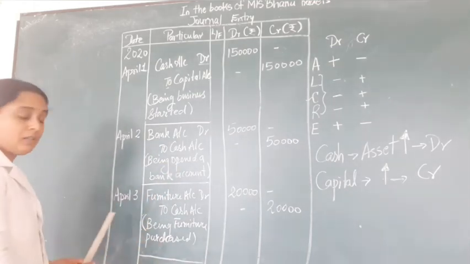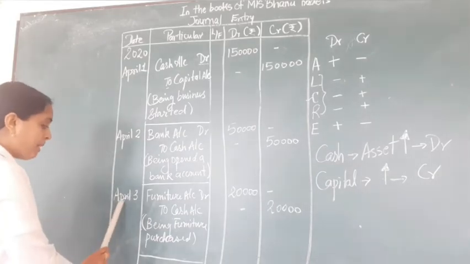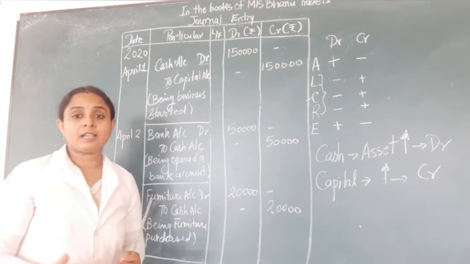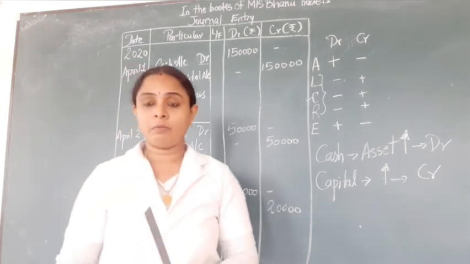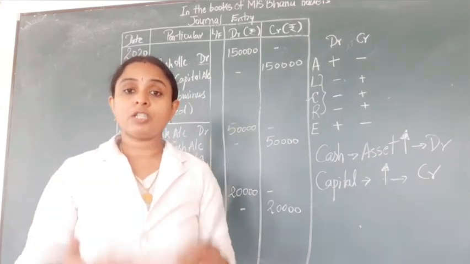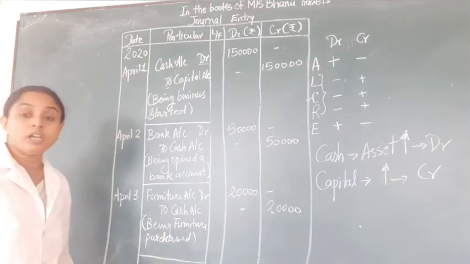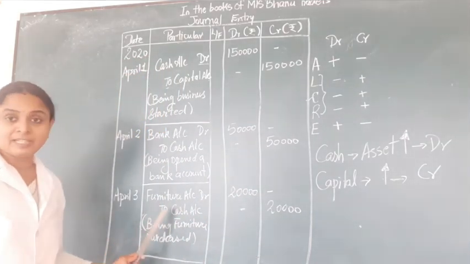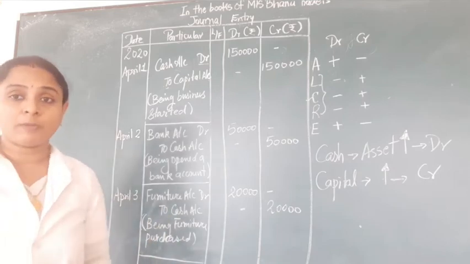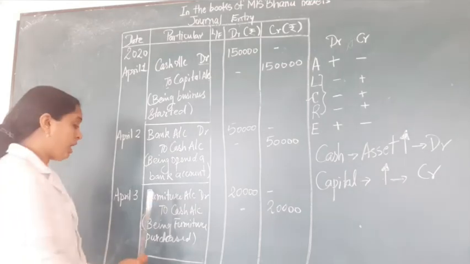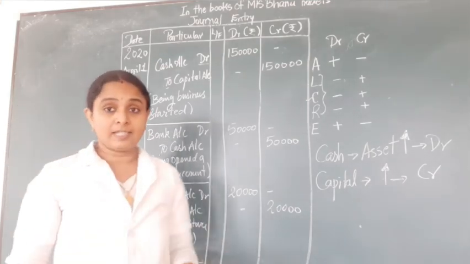Then the third transaction is on April 3rd. Furniture is being purchased. As I have mentioned in one of the classes, whenever you purchase or sell a fixed asset, instead of using the word purchase, you should use the name of that fixed asset which is purchased or sold. Okay, so here the furniture is being purchased. Furniture is an asset, as you know.